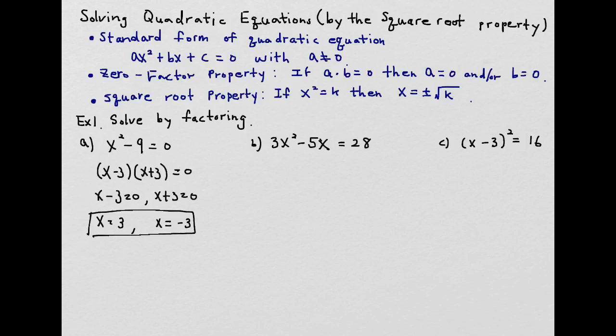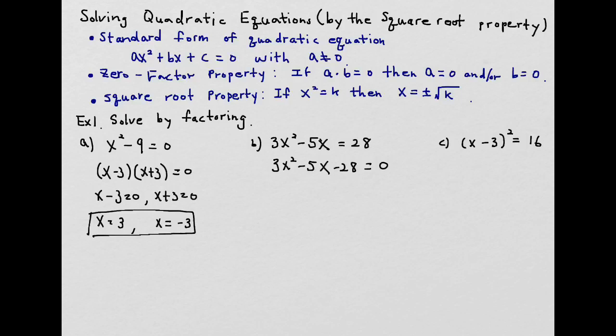What about the next one? What if you have 3x squared minus 5x equals 28? I realize this has three terms, so I can make a standard form quadratic equation first by subtracting 28 from both sides so it equals 0. Once you rewrite the problem in standard form equal to 0, you can factor it. With three terms, you can either find the greatest common factor or factor by trinomial.